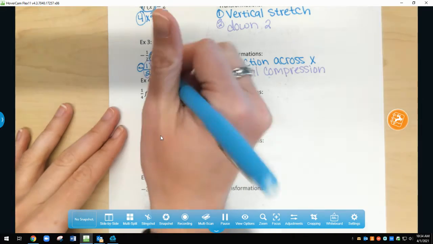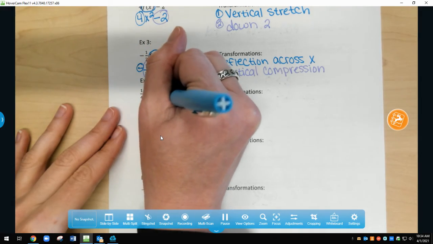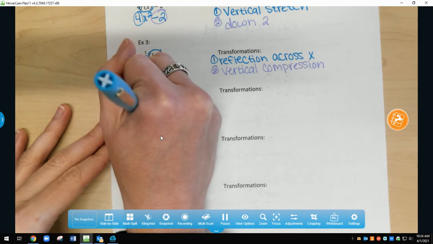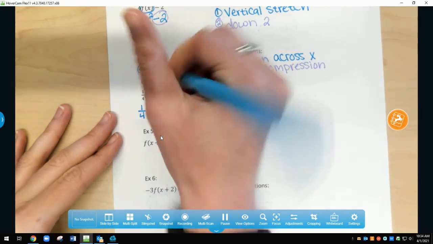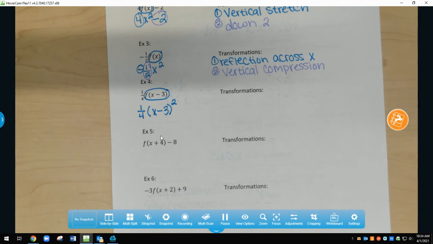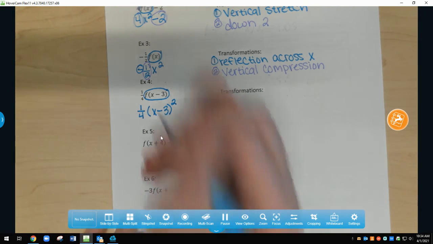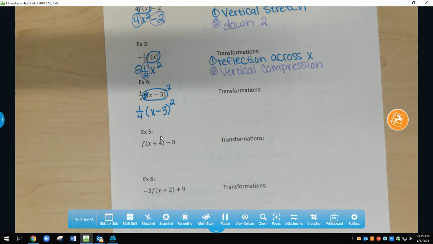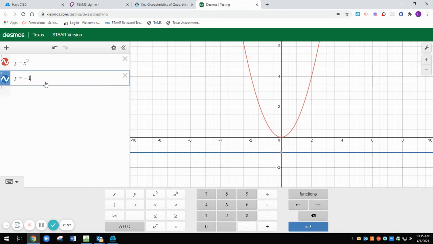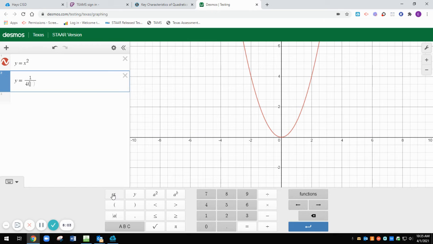Okay? All right, let's look at example 4. So here, when you circle this, you need to circle the whole thing. Okay? So we're going to rewrite this as 1/4 parentheses x minus 3, and we need to add the squared. Okay? If it helps, all you really have to do is cross out the f and put the squared. So we're going to type that into Desmos. So we have 1/4, so 1 divided by 4, parentheses x minus 3. Oops, I forgot to get out of the fraction.